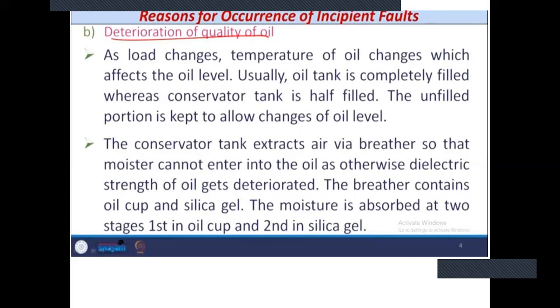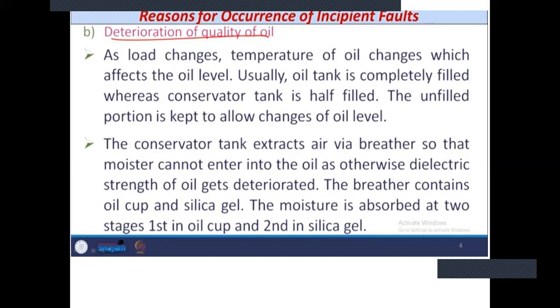You may observe this silica gel, which is bluish in color. With the passage of time, as it absorbs the moisture, the color of the silica gel changes. This is the indication of the changing of the silica gel. When the color is changed, it must be replaced.